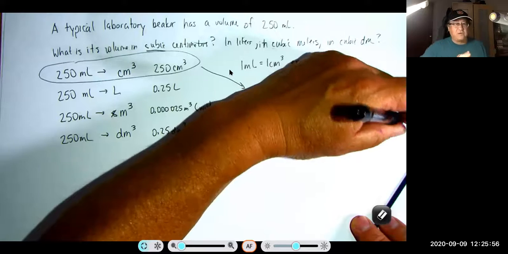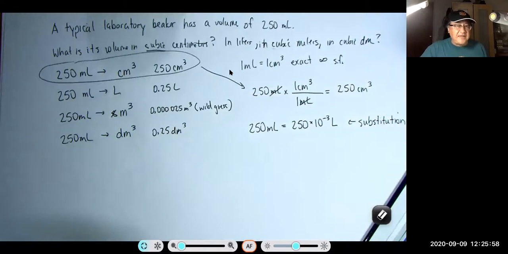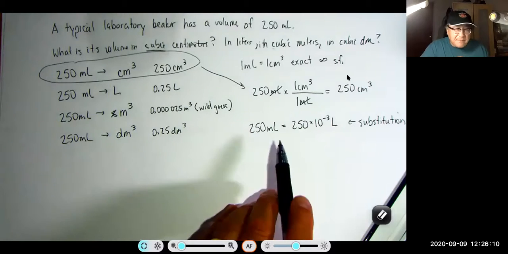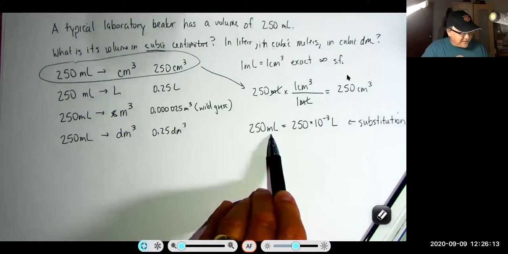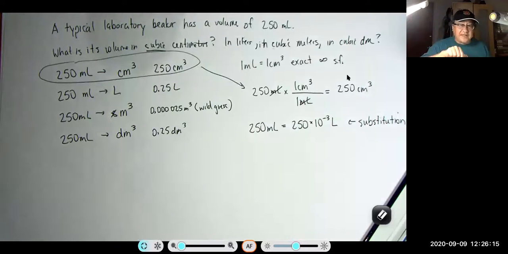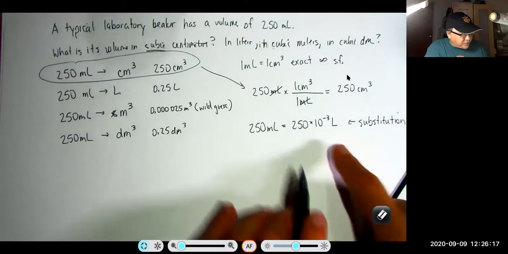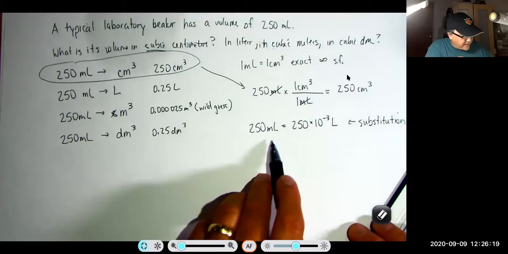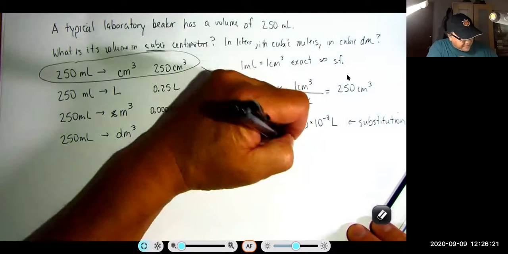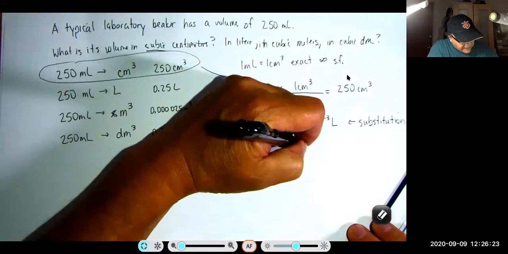Now, I know we think of substitutes as being not as good as the original, like the sugar substitute is not as good as the original, okay? But that's simply not true. In this case, the m is the substitute, the 10 to the minus 3 is the real thing. So I've substituted the real thing for that milli. So I could clean this up and make it 0.25 liters.